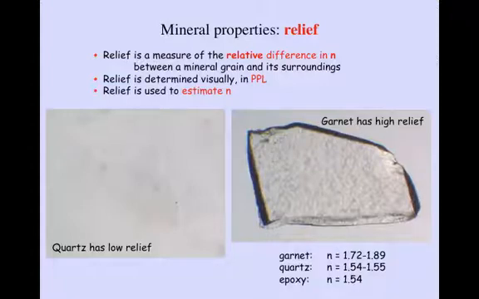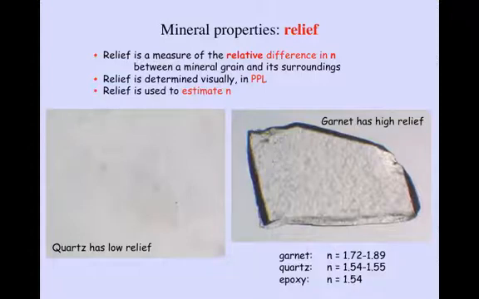So for example, if you look on the left, there's a grain of quartz at the center of that image. It's hard to see because quartz has a very low relief in that image. On the right, we have a grain of garnet. It's much easier to see. It has high relief. The edges are clearly defined against whatever the garnet is set into.